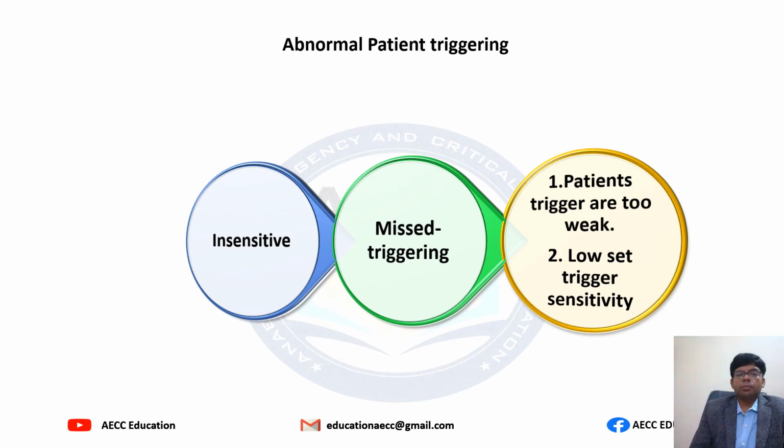Now, mistriggering. When we put a low set trigger sensitivity, there are chances of mistriggering. If the patient trigger is also very weak, in that condition also there are chances of mistriggering.